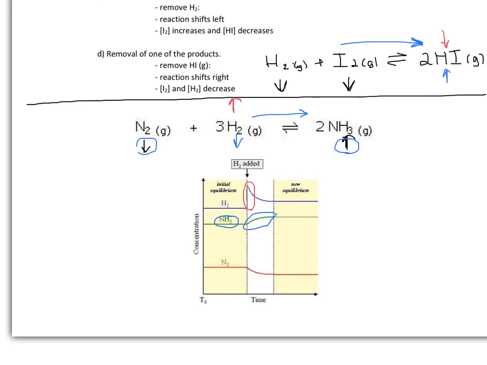We also said that the nitrogen will decrease since we're shifting away from it, and the hydrogen will decrease as well. And those are also shown by gradual changes in the graph. Once the shifting, according to Le Chatelier's principle, has taken place, remember that Le Chatelier's principle states that the equilibrium shifts to attain a new equilibrium, and this is then shown later on by horizontal lines.